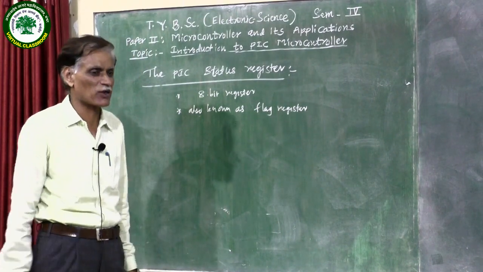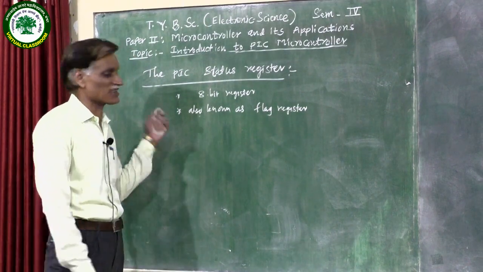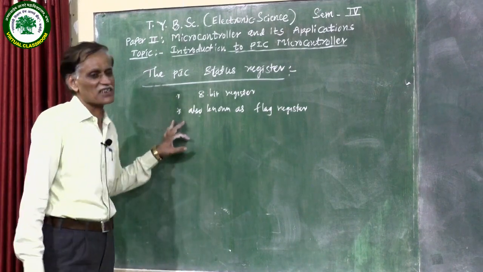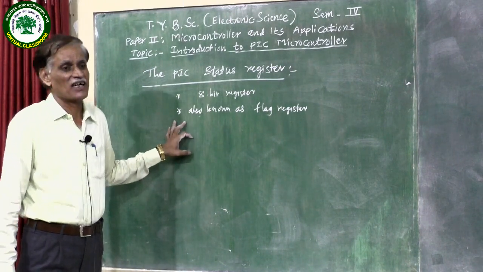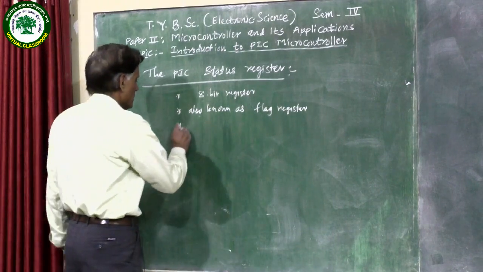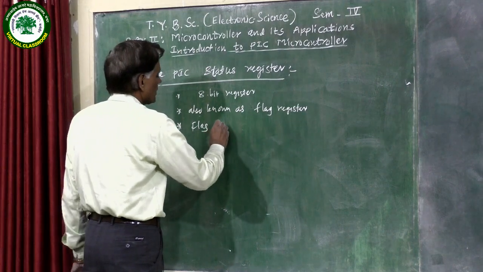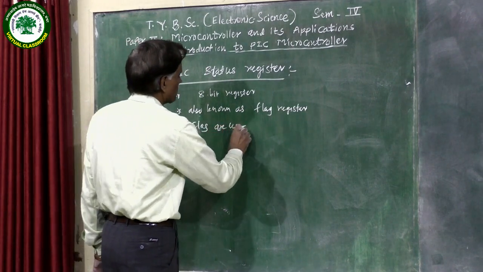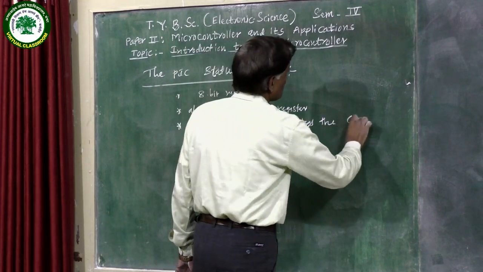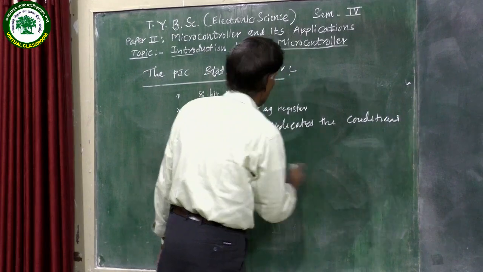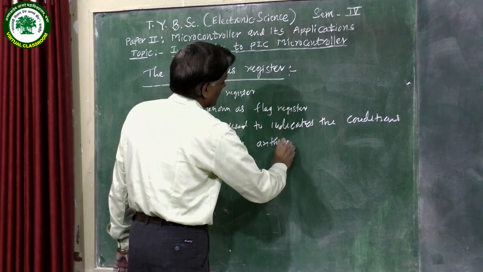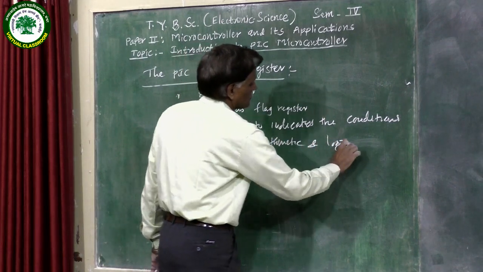Any CPU, any microcontroller chip has at least one register inside it known as status register or flag register, and it is used to indicate the conditions related with arithmetic and logical operations.